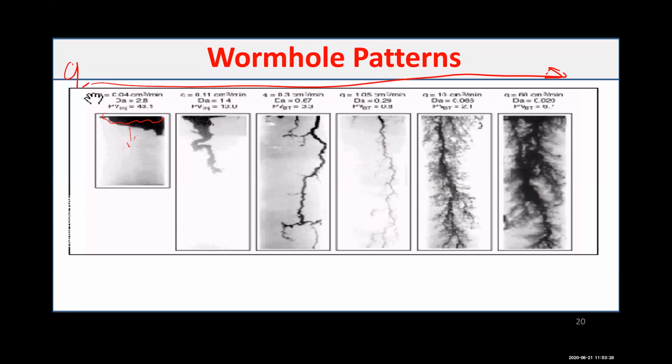If you use a little bit higher rate, you have what we call conical, where the acid still reacts mainly with the surface of the core, but because the rate is a little bit higher, some of the acid will go inside and create some wormholes. But at the optimum rate, you will start seeing a good and nice wormhole pattern, as you can see from these two pictures. And that's what we call the optimum rate.